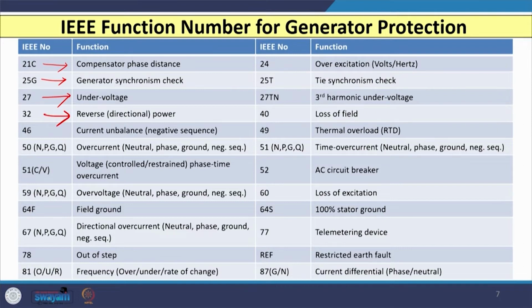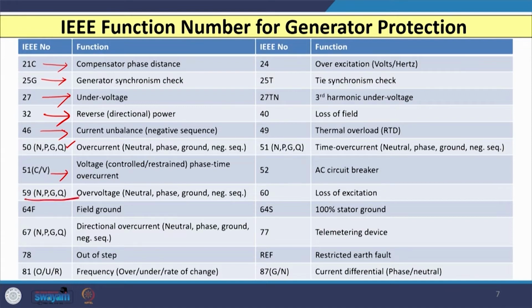So, reverse power protection, which is directional in nature. 46 is for the negative sequence, 50 comes under the overcurrent, and overcurrent can be in the neutral circuit, it can be in the phase circuit, it can be in the ground circuit, or it can be in the form of negative sequence. And then you have 51, that is voltage controlled overcurrent or voltage restrained overcurrent.